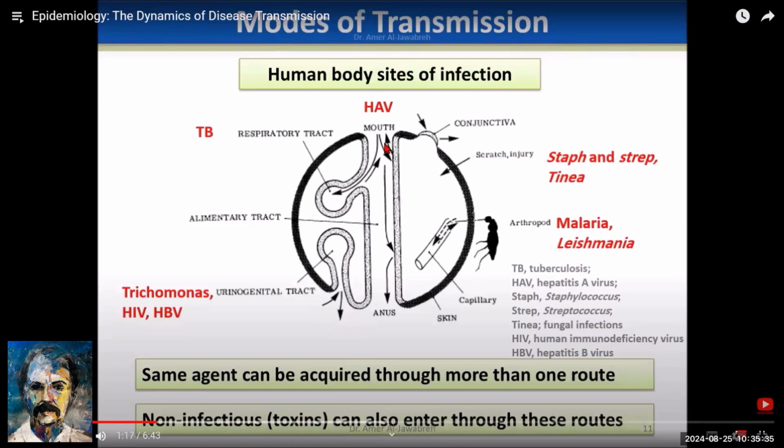Okay. So non-infection also, this applies not only to bacteria and microorganisms. This also applies to what? To chemicals, poison. Some poison you have to ingest. Some poison goes through the skin, filtration, and goes inside. And some by inhalation, like chlorine at home.